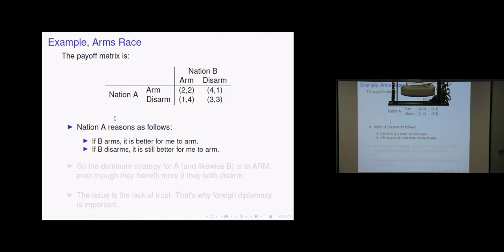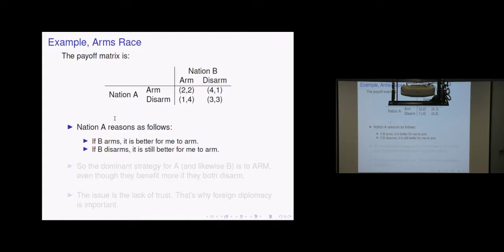So for nation A, arm is a dominant strategy. So he will definitely choose arm. And the same for B, right? The first column dominates the second column, so B will also choose arm. So both of them will definitely choose arm and arm. And the same reasoning tells us this is a Nash equilibrium.